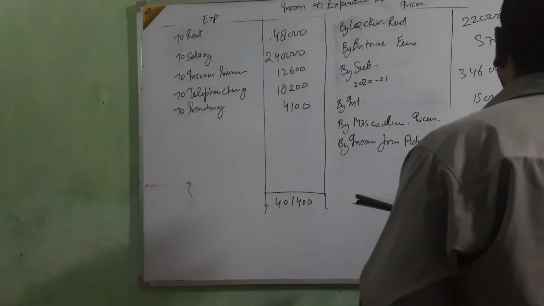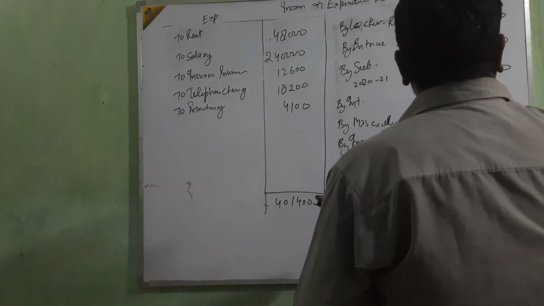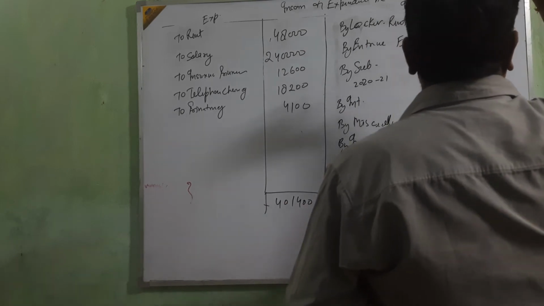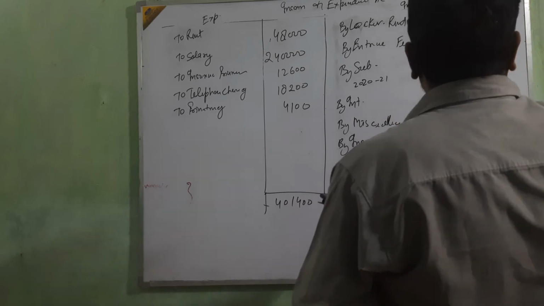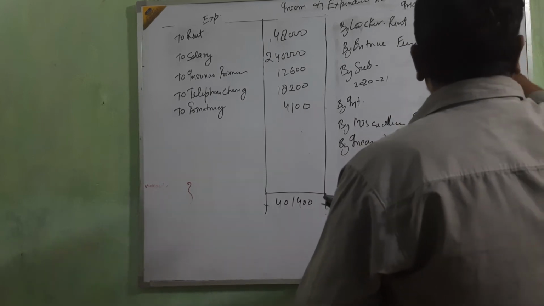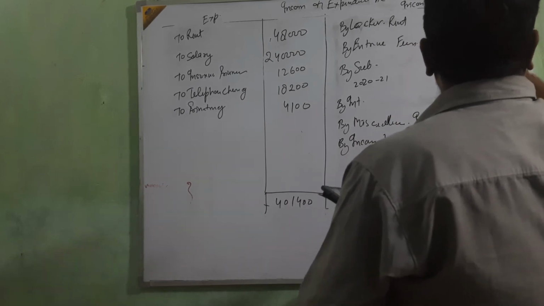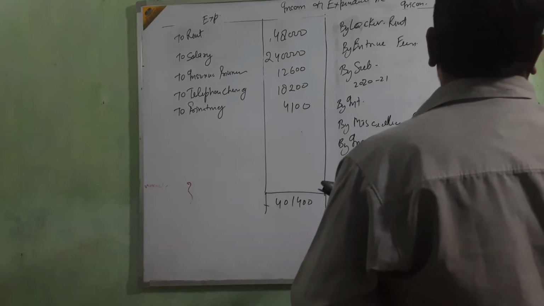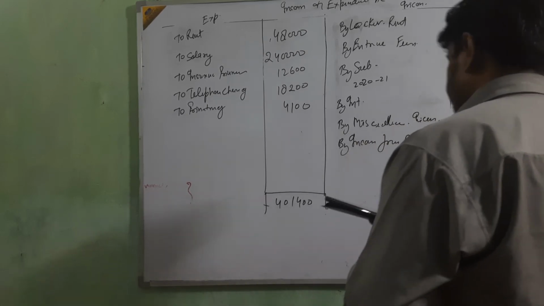Okay beta, again check: 3,40,000, 3,60,000, 70,000, 80,000, 90,000, and again 4,01,400.